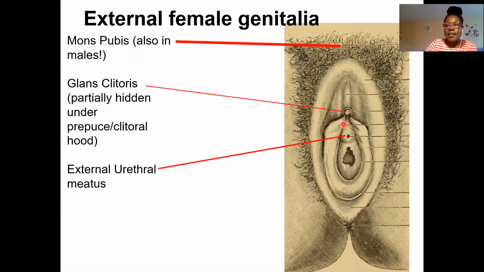And then the glans clitoris, which I mentioned earlier, is the actual tip or the edge of the clitoris, which is usually covered by the prepuce or the hood of the clitoris. And then we can also point out the external urethral meatus or external urethral orifice, which is the opening of the urethra to the outside of the body.